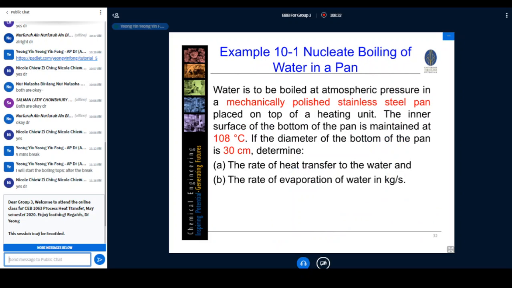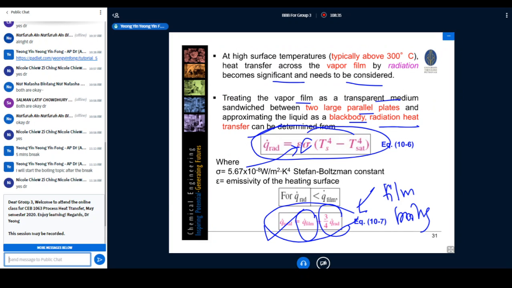Okay? All right, students, that's all about the theory under boiling. So meaning that you need to know pool boiling, you need to understand the boiling curve. You need to know how the boiling regions are categorized under the boiling curve. And also finally, each of these regions will have a different correlation to calculate the Q boiling.